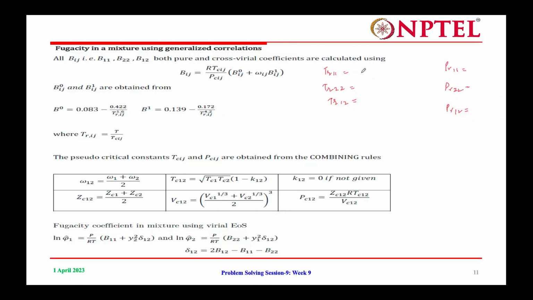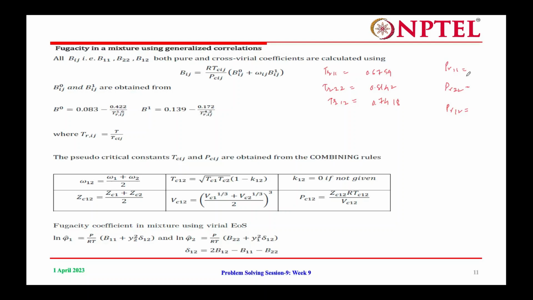So T by TC11, then T divided by TC22: 0.6759, 0.8142, and here TR12 equal to T by TC12, 0.74418.